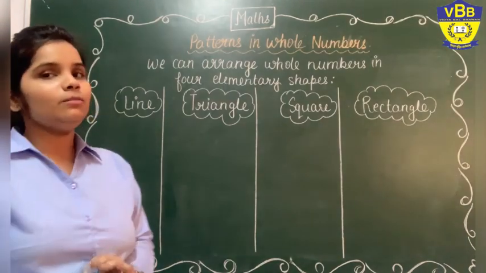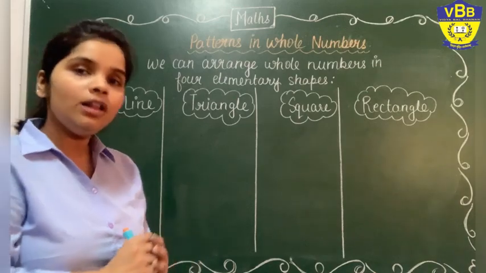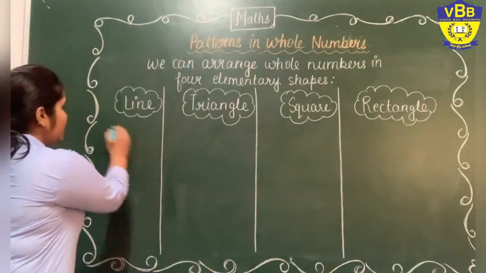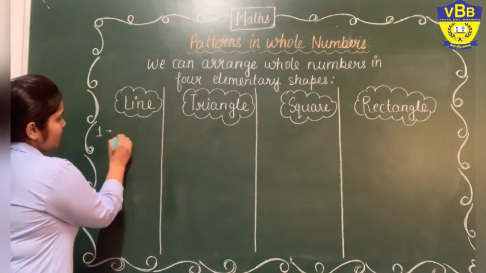Look, whole numbers start from 0, but except 0, all the whole numbers can be arranged in a line.